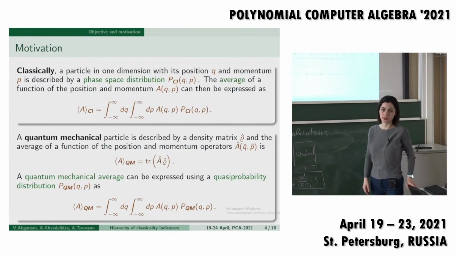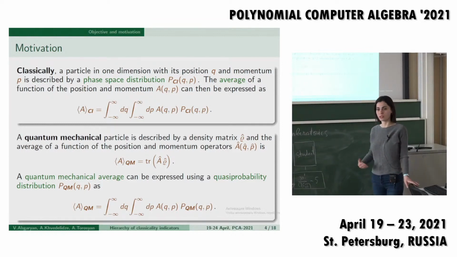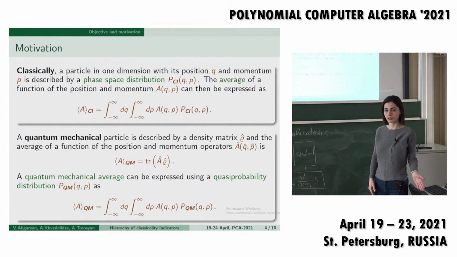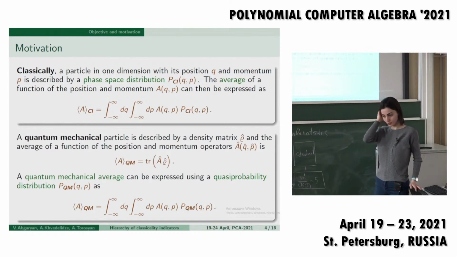The motivation for this investigation is the following. Due to the uncertainty principle, we cannot define whether the particle has momentum P and position Q, so one needs some quasi-probability distribution functions, like the Wigner function or others, that resemble the phase space distribution, and so we can fix some connections between the classical and the quantum statistical theory.